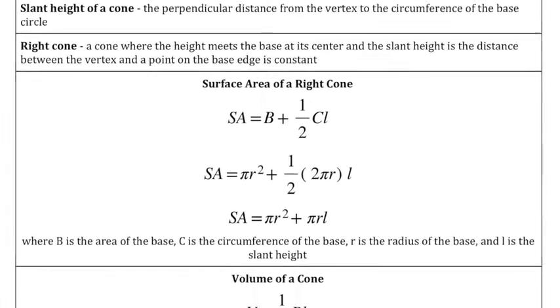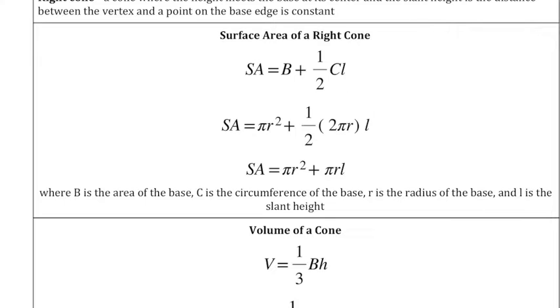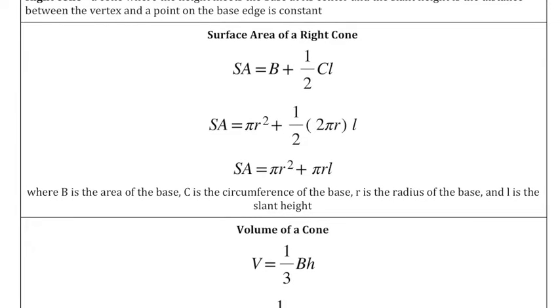So whenever we're talking about surface area, notice that this surface area formula is a lot like the surface area of a pyramid, except for the perimeter has been replaced with the circumference. And so since we're talking about circles here, we can go on and plug in those formulas. So the formula for the area of the base, which is a circle, would be pi r squared, and circumference is 2 pi r.